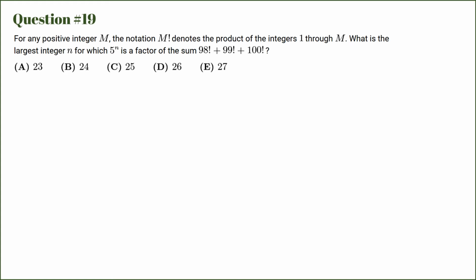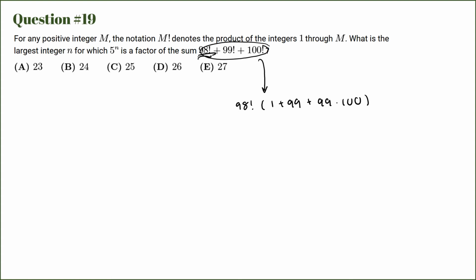Okay, first of all, let's take this sum and write it a little bit differently. Let's write it like this: 98 factorial, parentheses 1, because that's just 98 factorial, plus 99, because 99 factorial is 99 times 98 factorial, and 99 times 100, because 100 factorial is just 98 factorial times 99 times 100.